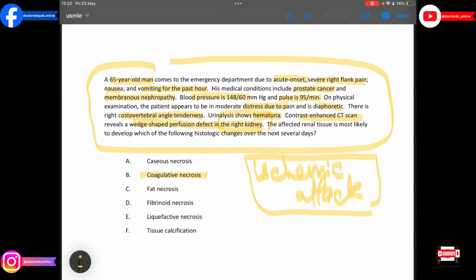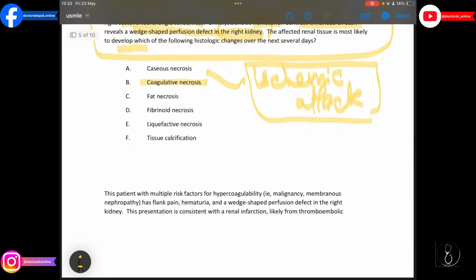The answer will be coagulative necrosis, because in the MCQ he is asking about the condition the patient is describing now. If he persists with this condition in the upcoming days, what will be seen in the right kidney? It will be coagulative necrosis due to ischemic attack. Okay, understand?